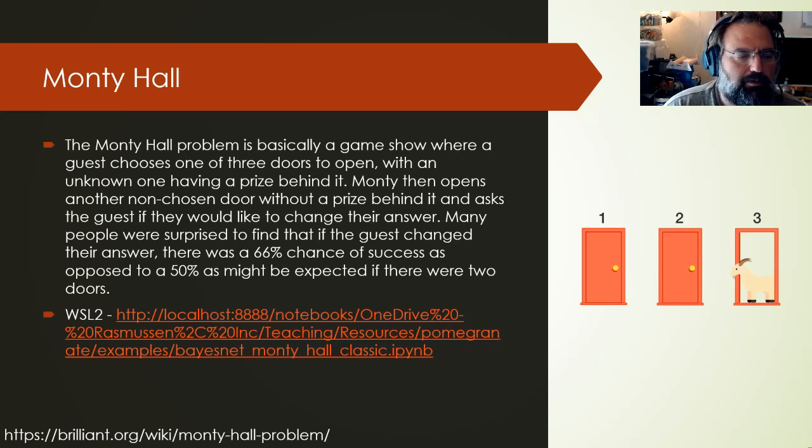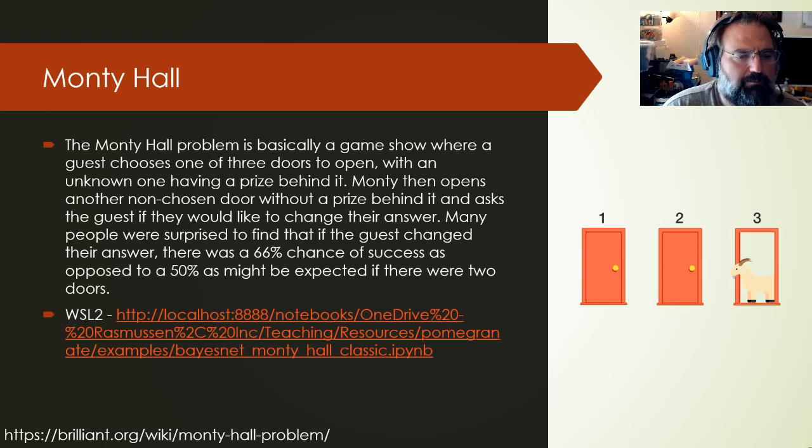And after you've selected it, a door is opened, assuming it's not the car, and you are then given a choice of selecting a different door or not. So you've got initially a probability of 1 in 3 of getting something good.